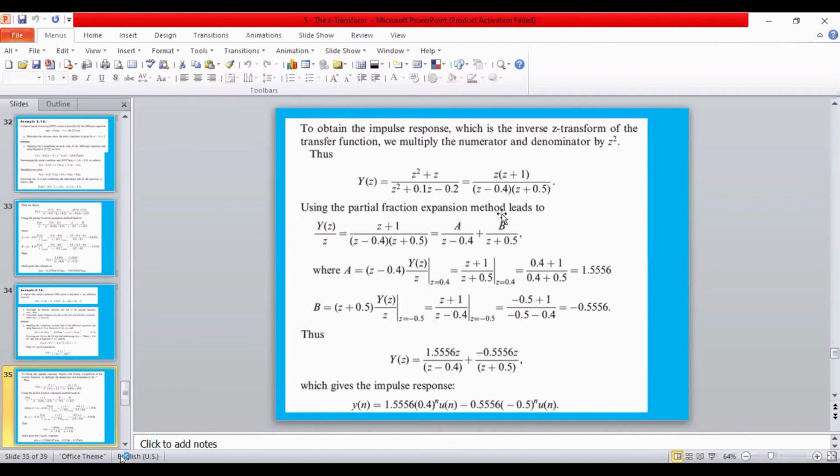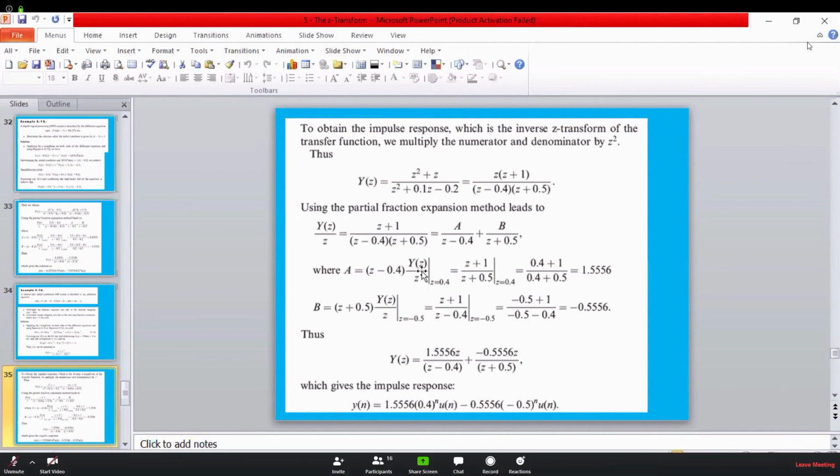And we are ready to go with the partial fraction expansion, but don't forget to divide Y(z) by z. So that's why we get rid of z here, right? Again, A, B, same procedure, and we get these numbers, which gives us the impulse response. So this is the output, how our system responds to the input.